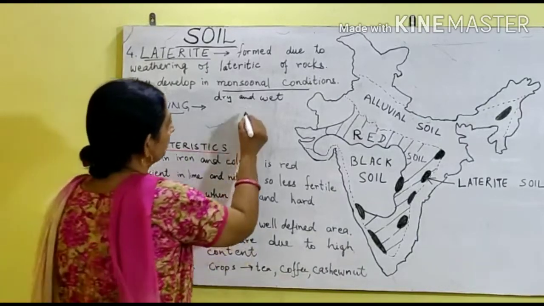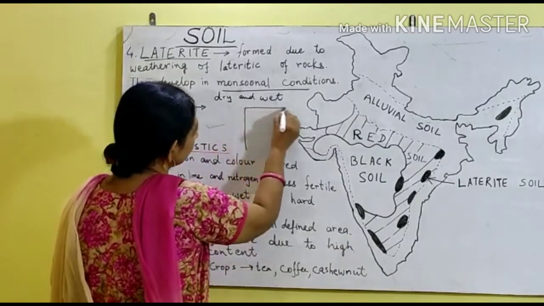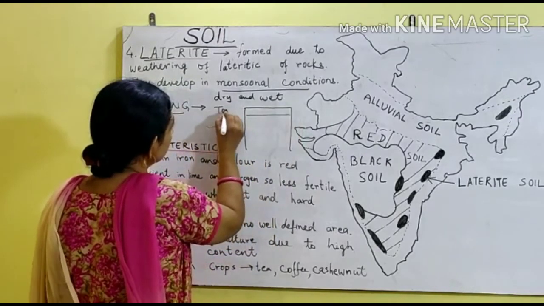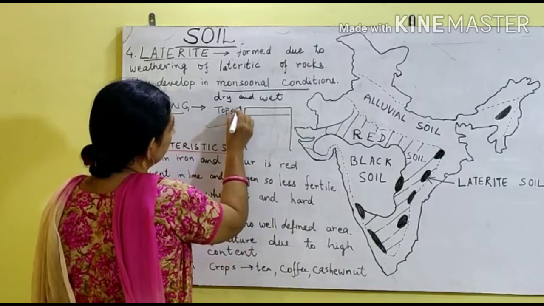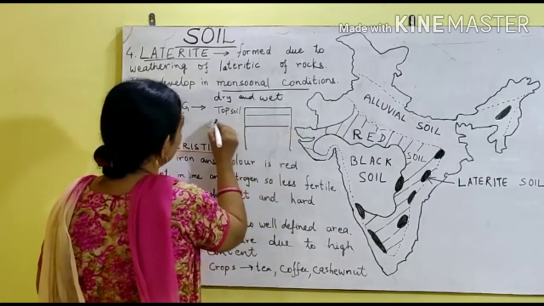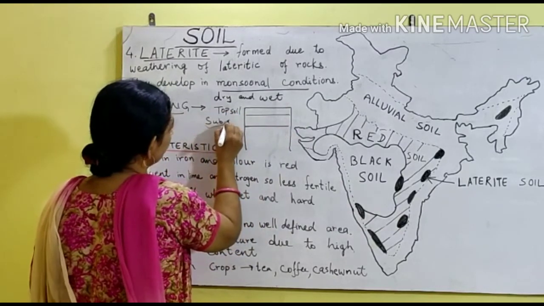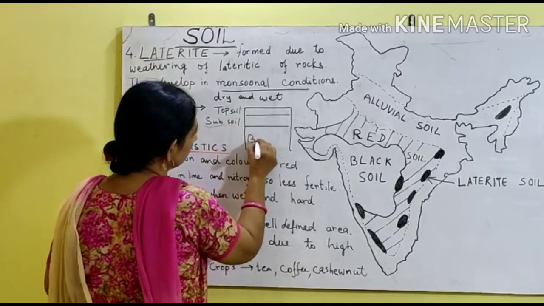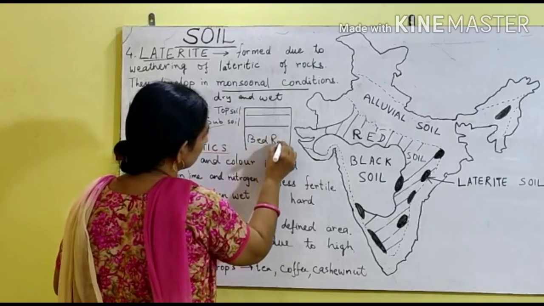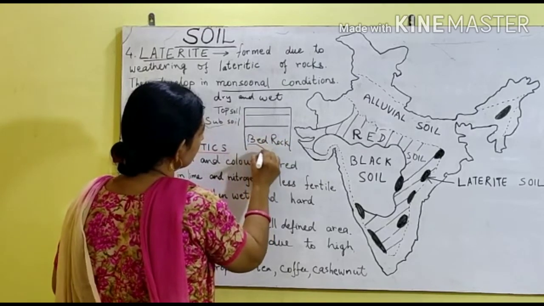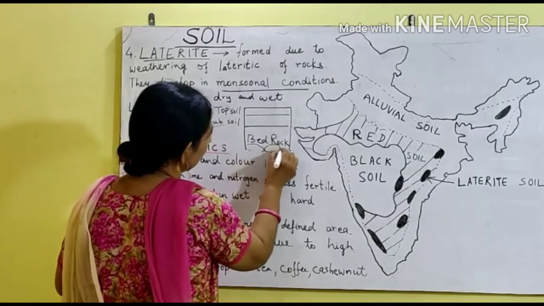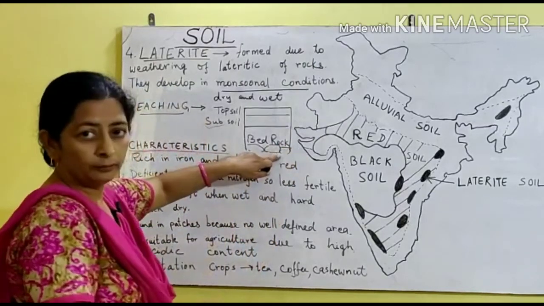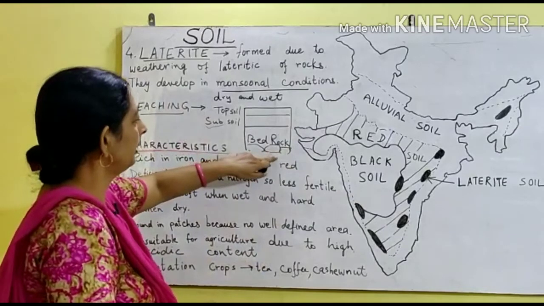You can see, for example, these are the layers of the soil. The first is the topsoil, then the subsoil, and this one is bedrock. Since larger particles of rocks are present here, they are the lowermost layer, the bedrock area.